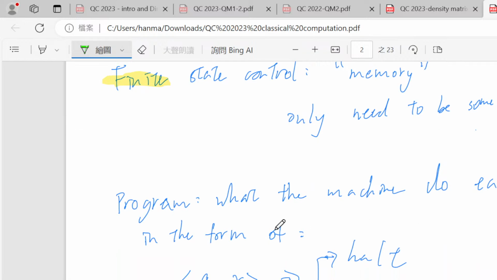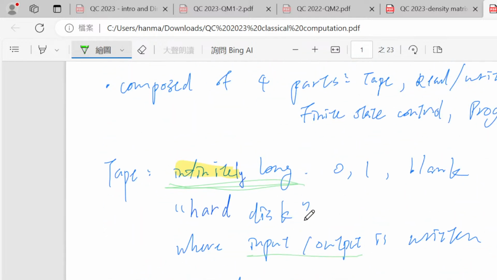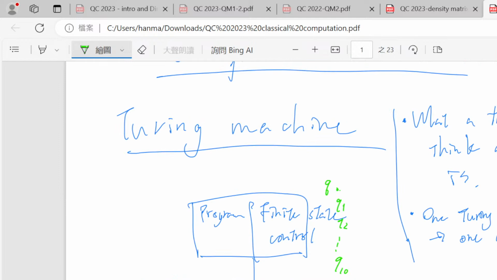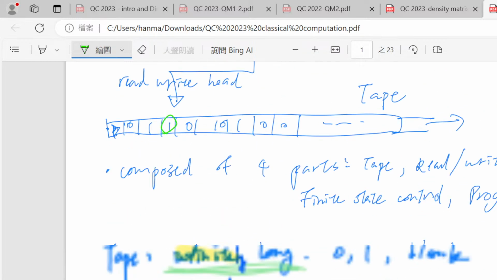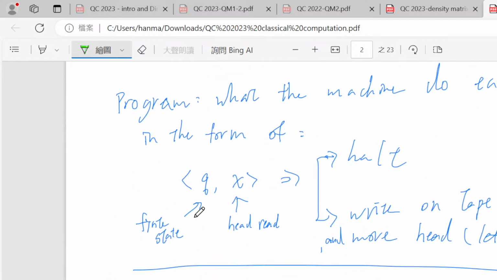And then there is a program part that actually directs how things should be done. And so as I say, it will read two things. So which state I'm in, those Q, and what do I read from the head. So the read-write head is at some location, and so I will see I'm in some finite state and I read something, and then I will do different things.